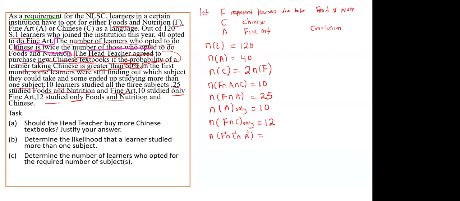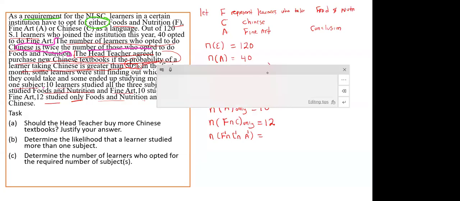According to my interpretation, learners must opt for either. That means they have to take FN, art or Chinese. At least you must do one of them. Nothing like "I am not going to do." So there's then no option of opting out for not doing anything.